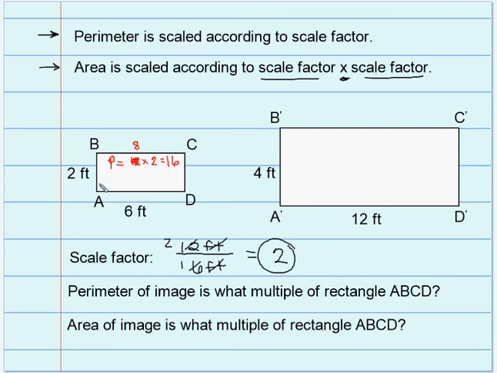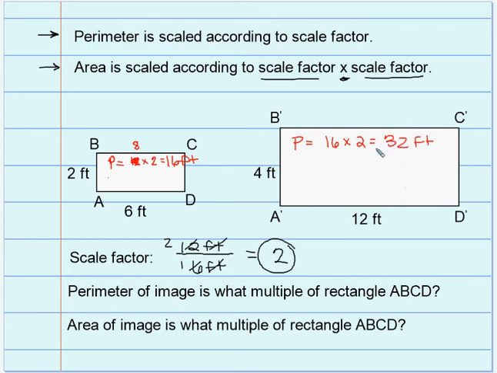So add 6 plus 2, 8, and then multiply times 2. That's 16, and remember that those units are just units, feet. If I calculate perimeter on the dilated image, I would get 12 plus 4 is 16 times 2, which is 32 feet.